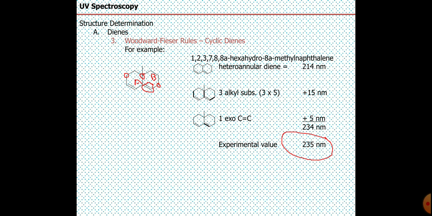So 5 into 3, 15 nanometer is added for 3 alkyl substituents, and one exocyclic double bond is present. Suppose this is A ring and this is B ring. With respect to A ring, this double bond is present over this structure. Therefore, for one exocyclic double bond, 5 nanometer is added. So the overall value is 234 nanometer, and the experimental value is 235 nanometer, which is very close.